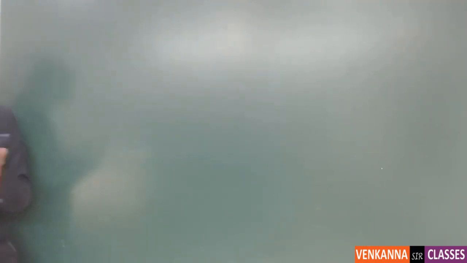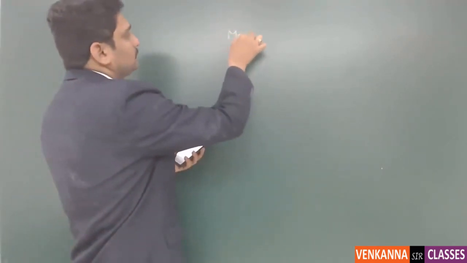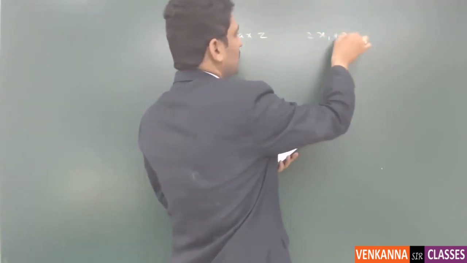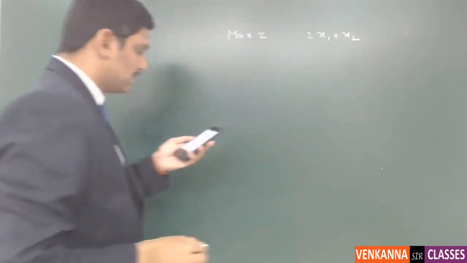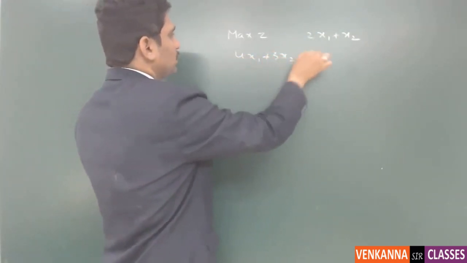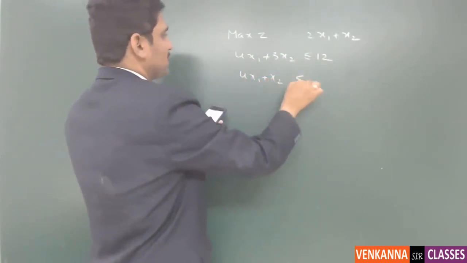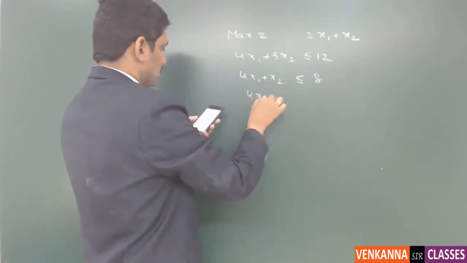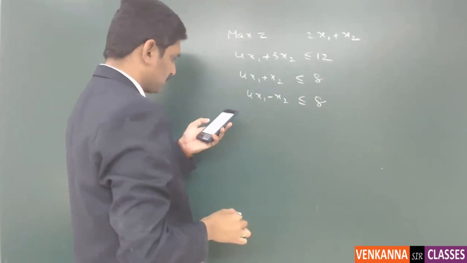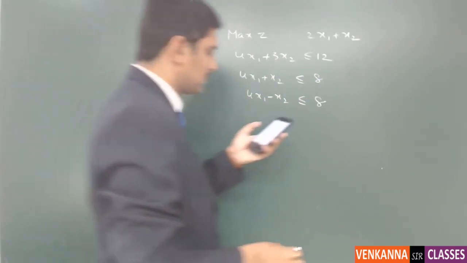This is the problem given: maximize z equals 2x1 plus x2, subject to the constraints 4x1 plus 3x2 less than or equal to 12, 4x1 plus x2 less than or equal to 8, 4x1 minus x2 less than or equal to 8, where x1, x2 are greater than or equal to 0.